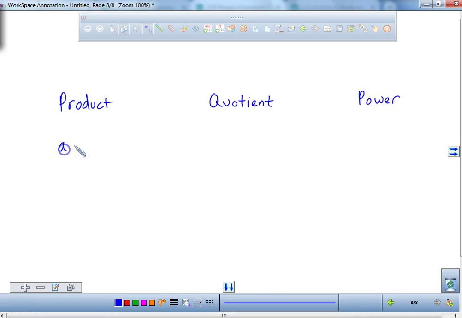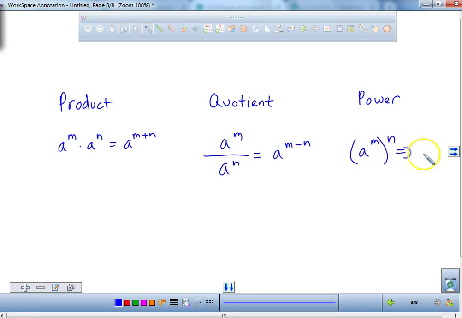Okay? Here's the product property once again. Here's the quotient property. And here's the power property. I'm going to give you some base numbers here.